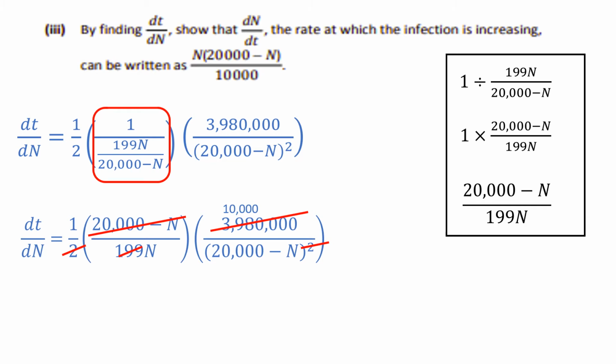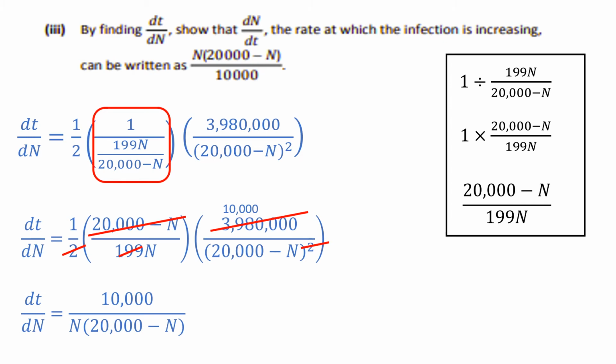One of those can be divided into the 20,000 minus n, so we can cancel them out. Now be careful, there's still an n in the denominator of the first fraction, there's a 10,000 at the top of the second fraction, and then 20,000 minus n at the bottom of the second. So this is what it simplifies to.